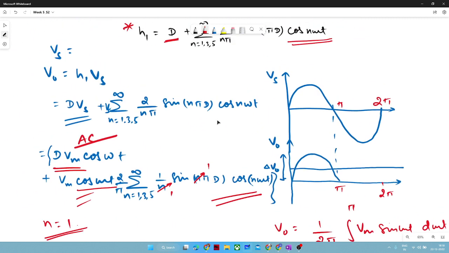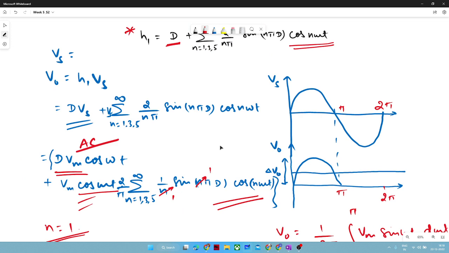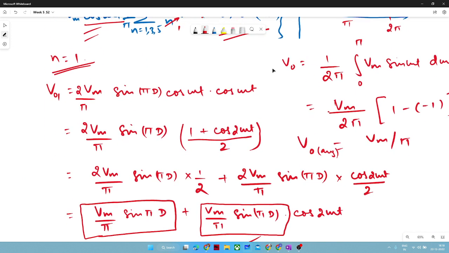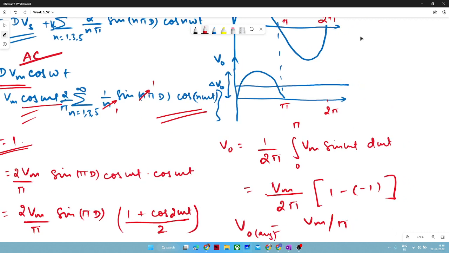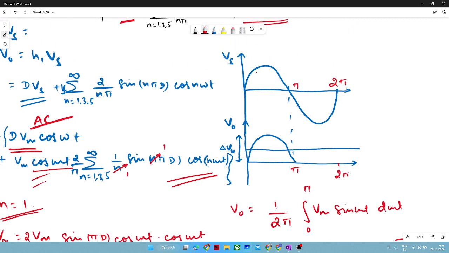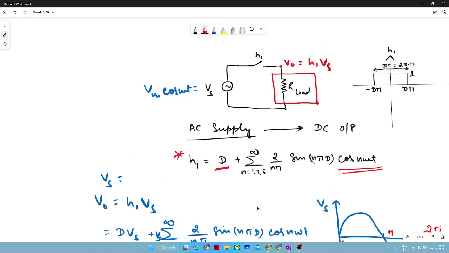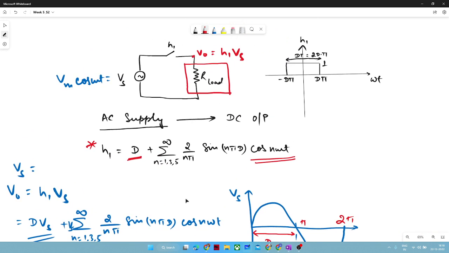And this switching function, we did such a tedious task to arrive at that conclusion that it is Vm by pi sine pi d. And here d is nothing but pi, right? Why am I saying d is pi? Because the switch is conducting only for pi period, right?